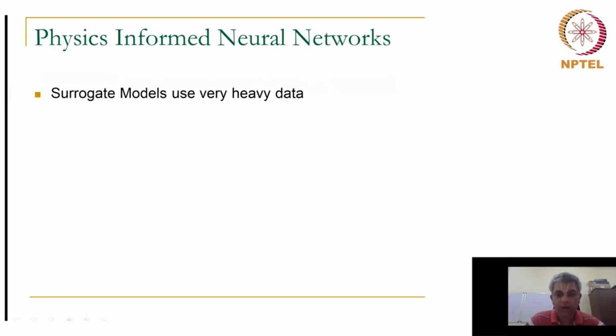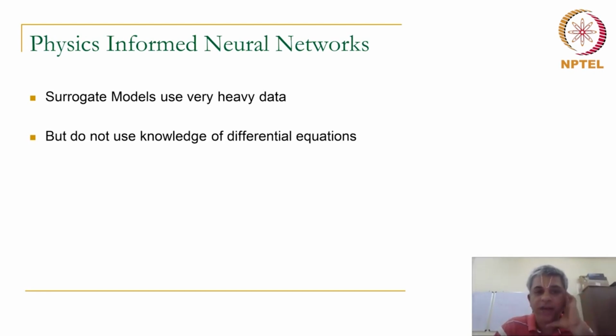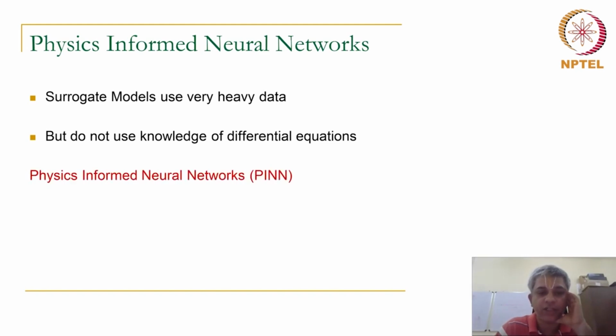So remember, if we use surrogate models and you're trying to solve any problem, this requires very heavy data. This will become very clear once we do today's problem and tomorrow's problem. Further, surrogate models do not use the knowledge of our governing differential equations.